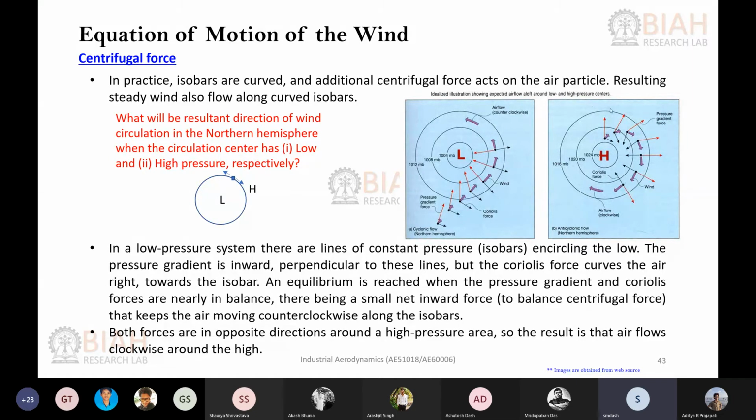This clockwise rotation in the northern hemisphere is called anticyclonic flow, and the anticlockwise flow in the northern hemisphere is called cyclonic flow. So that you need to remember. This nomenclature is generally followed in the northern hemisphere, and exactly the opposite is followed in the southern hemisphere. We will be focusing mostly on the northern hemisphere itself. We will not go to the southern hemisphere.